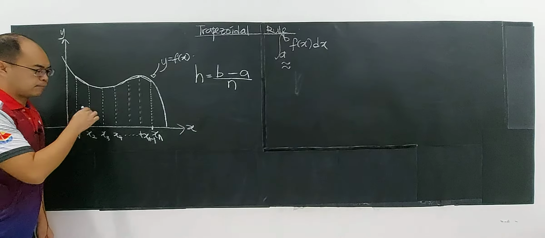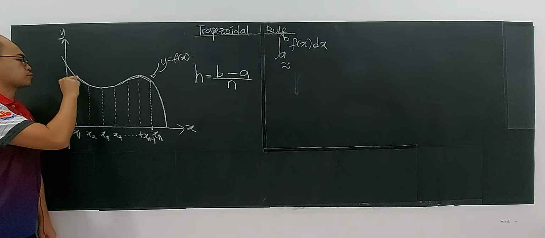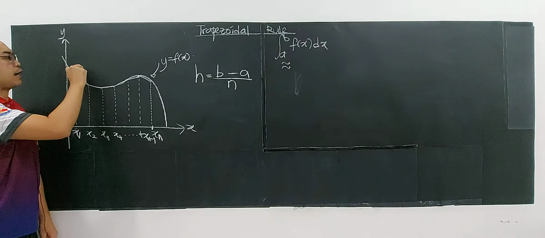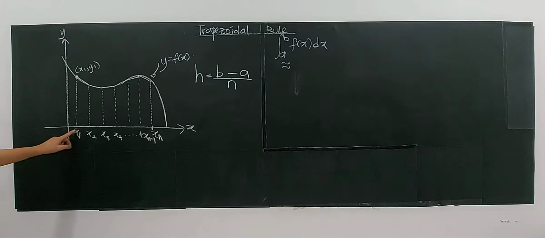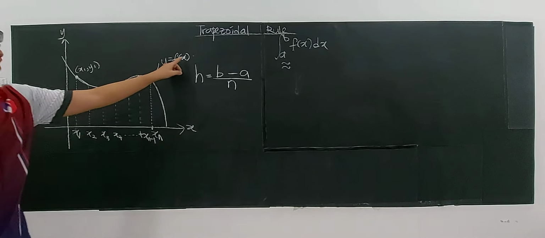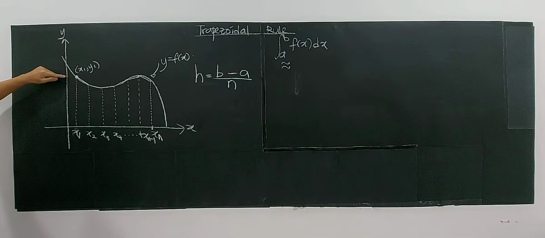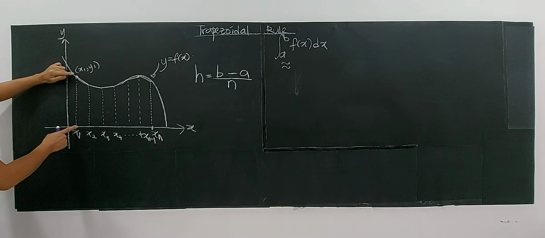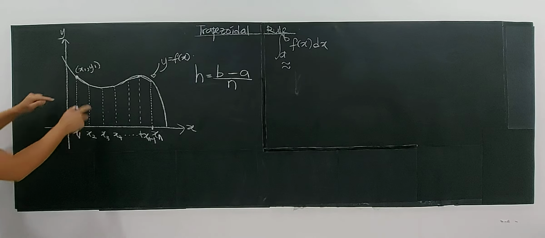For example, the coordinates here will be (x1, y1), because when you substitute x1, you get a different value of y. The height here will be different.